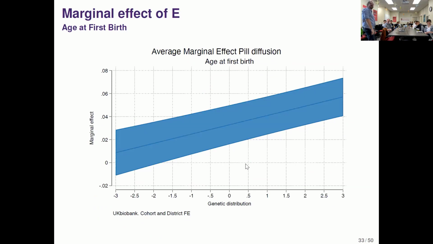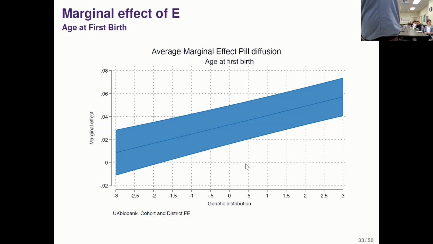Okay, another way to look at these results is studying the marginal effect. So this is the genetic distribution. What's the effect of the pill, a 1% increase in pill availability, across the genetic distribution?